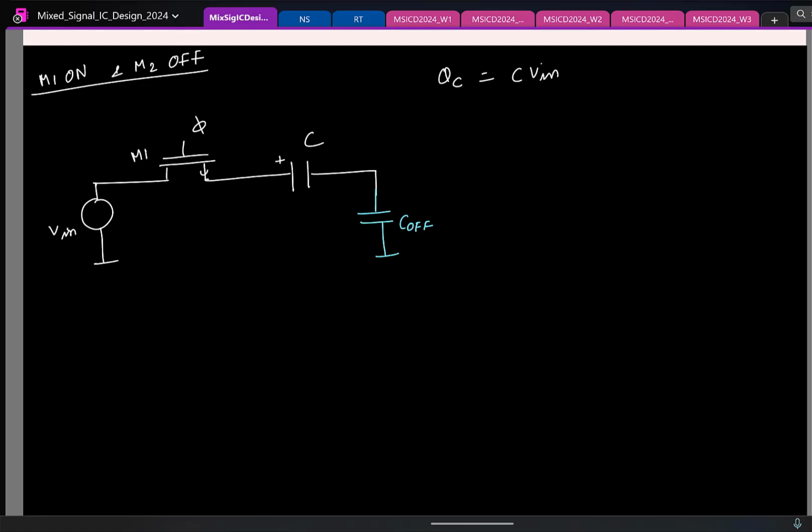Now we have some channel charge here. I turn off M1, and some fraction of this charge will get added there. Let me call that fraction beta times QCH1. Now this beta times QCH1 goes like this, let us say. So what will be the additional charge I am adding to this plate? Beta QCH1, great.